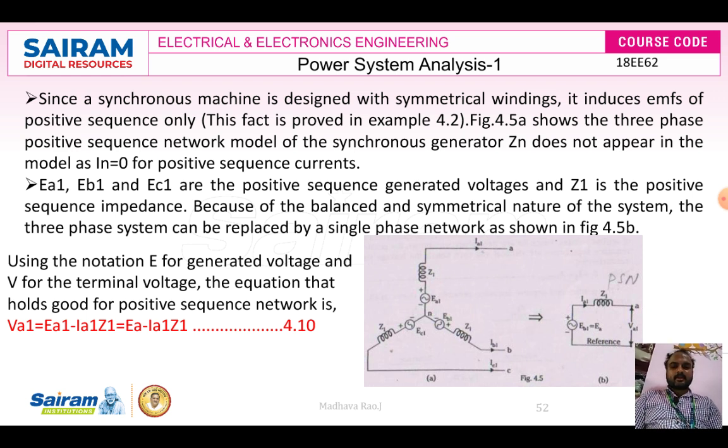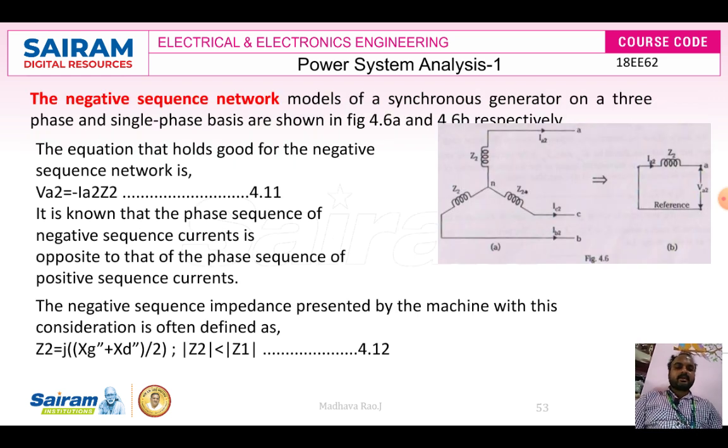Similarly, we can also analyze negative sequence networks. The negative sequence networks are shown in the figure, along with the equivalent single-phase diagram. According to the negative sequence, VA2 is equal to minus IA2 into Z2.